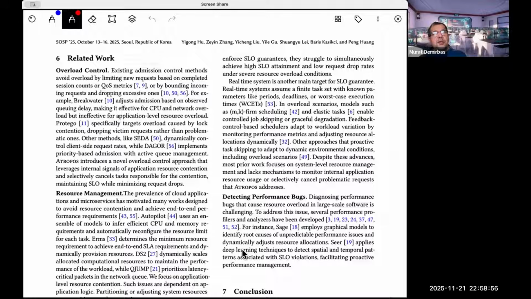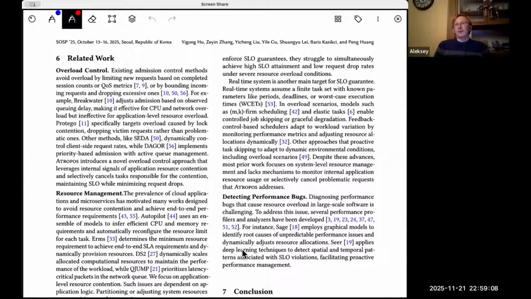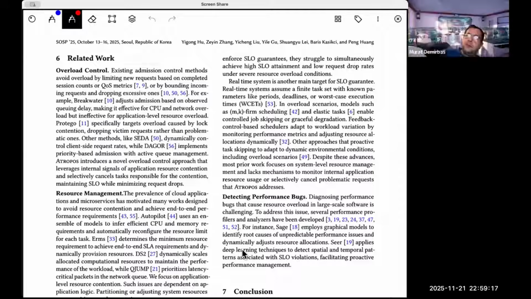And in the beginning, I said it sounds too good to be true. It depends on their workloads. Did they use regular workloads? Keep in mind, they are not addressing the regular overload, right? It's the overload on these logical resources.